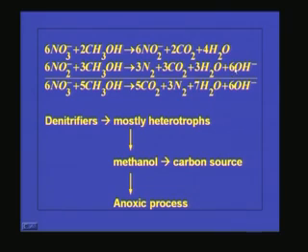In denitrification reactors the pH will come up, whereas in nitrification reactors, if proper buffering capacity is not there, the pH will go down. The overall reaction is something like this: 6 nitrate plus 5 CH3OH gives you 5 carbon dioxide, 3 N2, 7 H2O plus alkalinity.